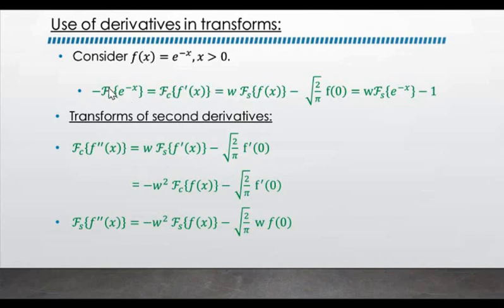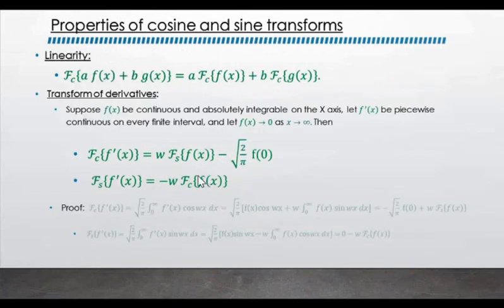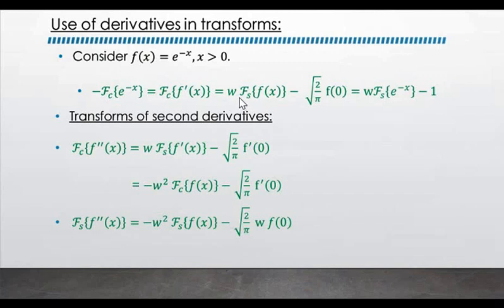So minus Fourier cosine transform of e raised to minus x is equal to, by this formula, omega into Fourier sine transform of f of x minus root of 2 by pi into f at 0. F at 0 is e raised to 0, which is 1.